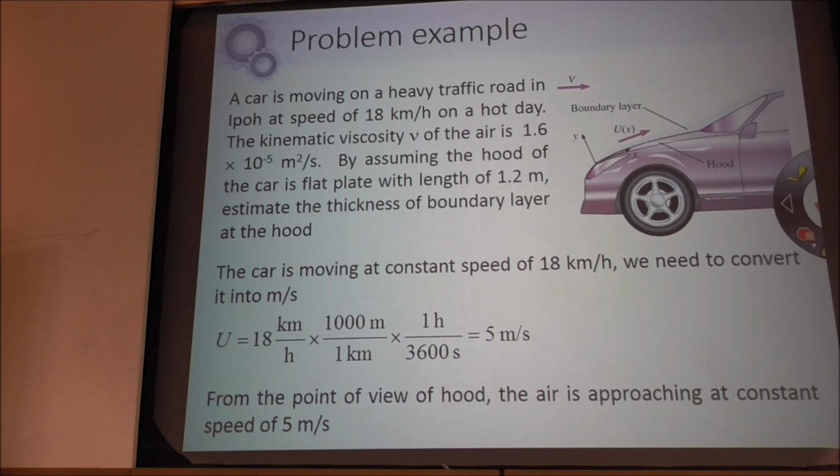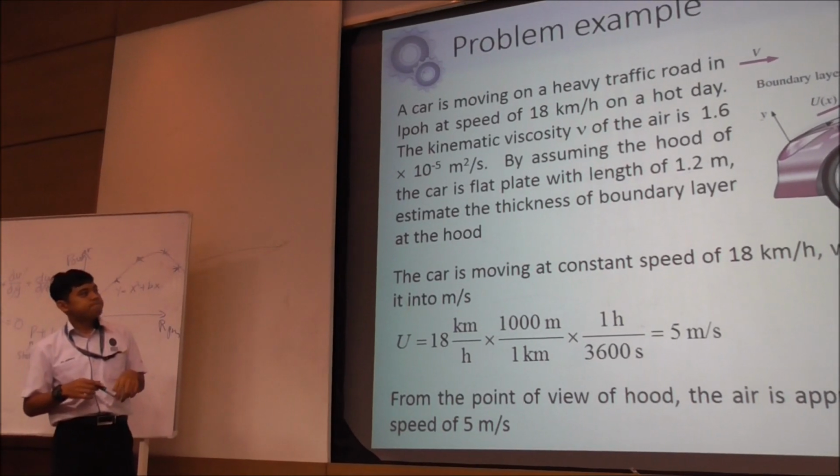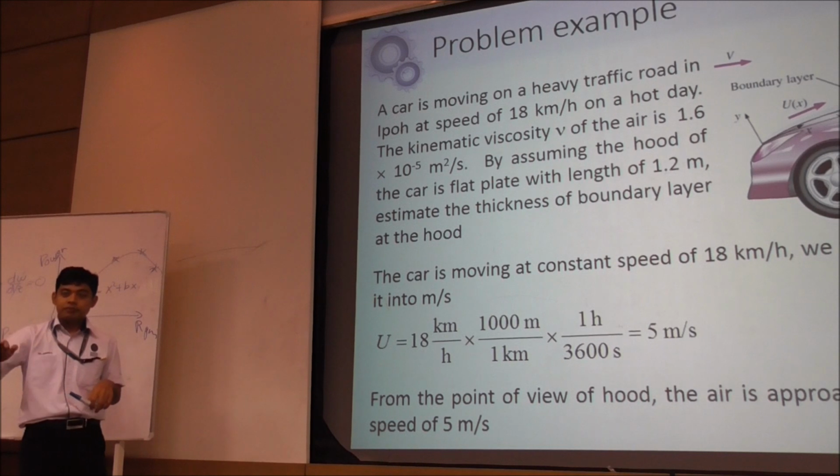Okay, for that condition, the kinematic viscosity of the air is 1.6 times 10 to the power of minus 5, right? You assume the hood of the car is 1.2 meters. To be honest, the hood of the car is not a flat plate, it's a little bit curved, but you can take the assumption that the hood is a flat plate.